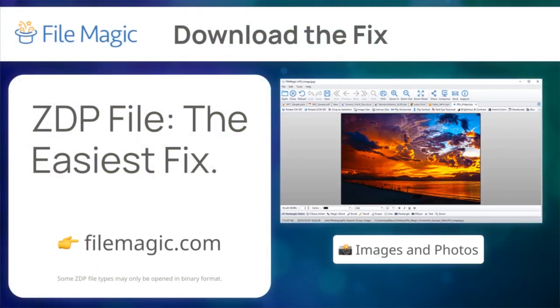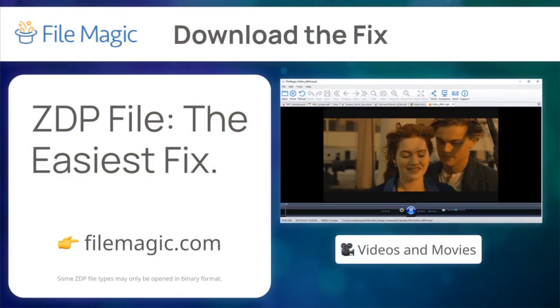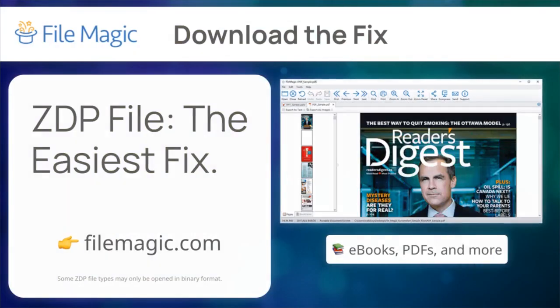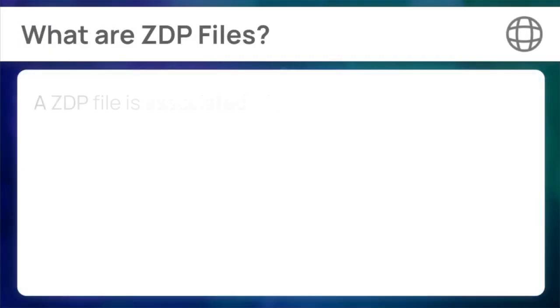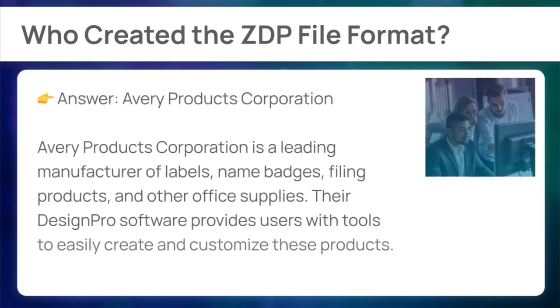This solution is entirely reliant on one powerful ZDP file inspection tool that you can use for hundreds of other file issues and formats. A ZDP file is associated with Avery DesignPro, a software used for creating and printing labels, cards, and other personalized items. The ZDP file contains guide information, templates, or design elements specific to Avery products, assisting users in creating accurate and professional-looking designs.